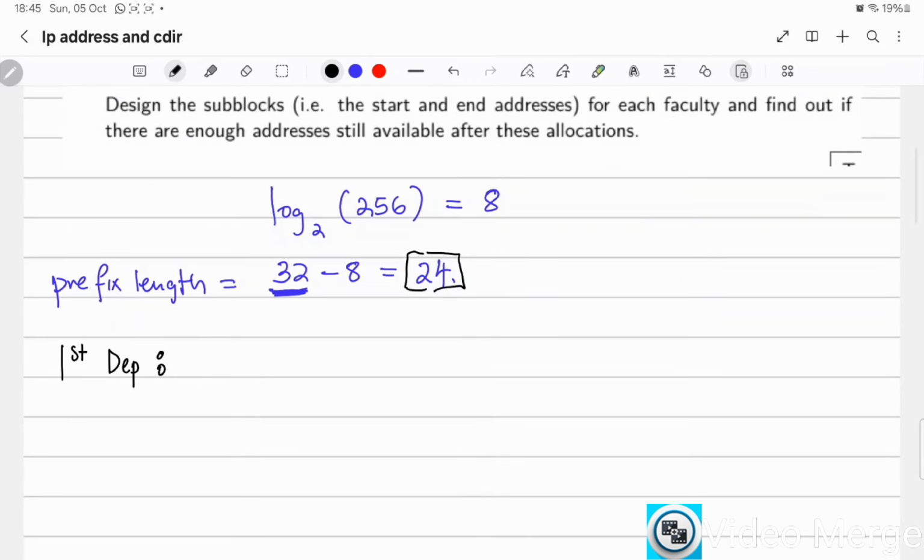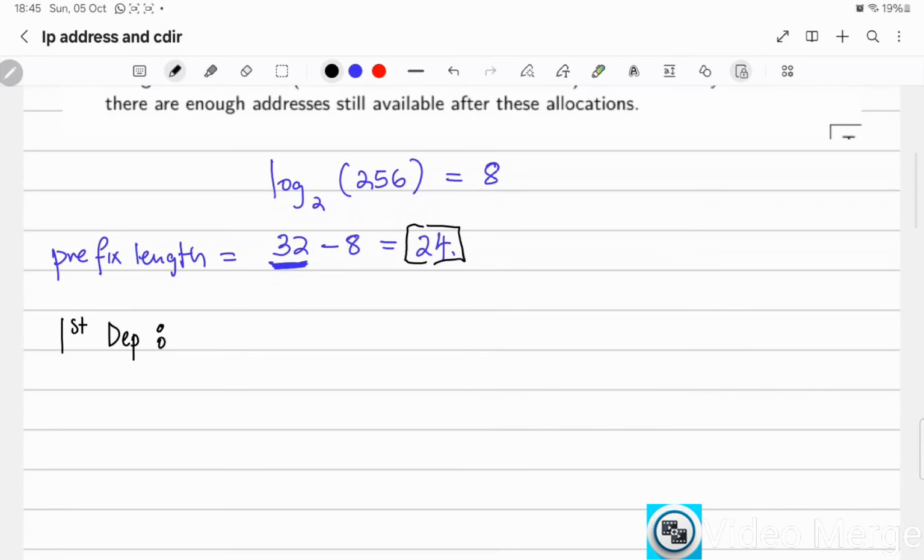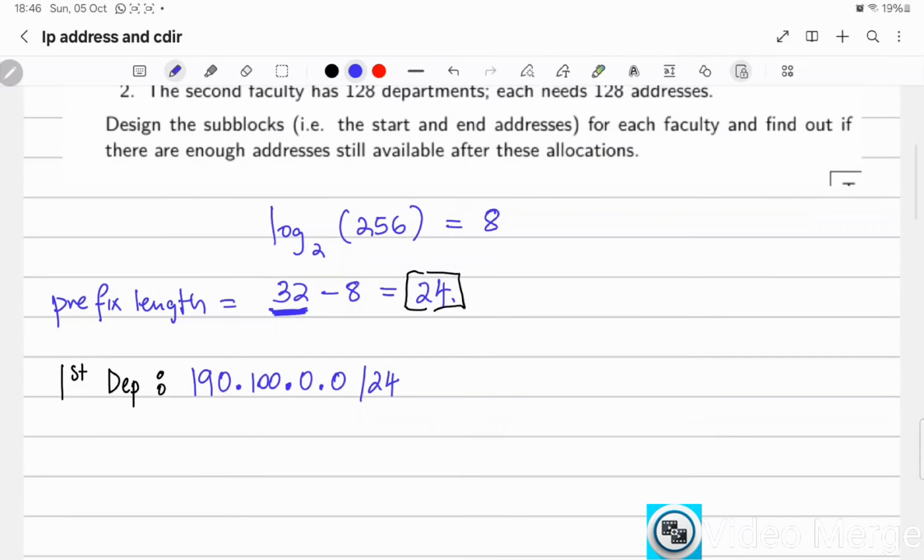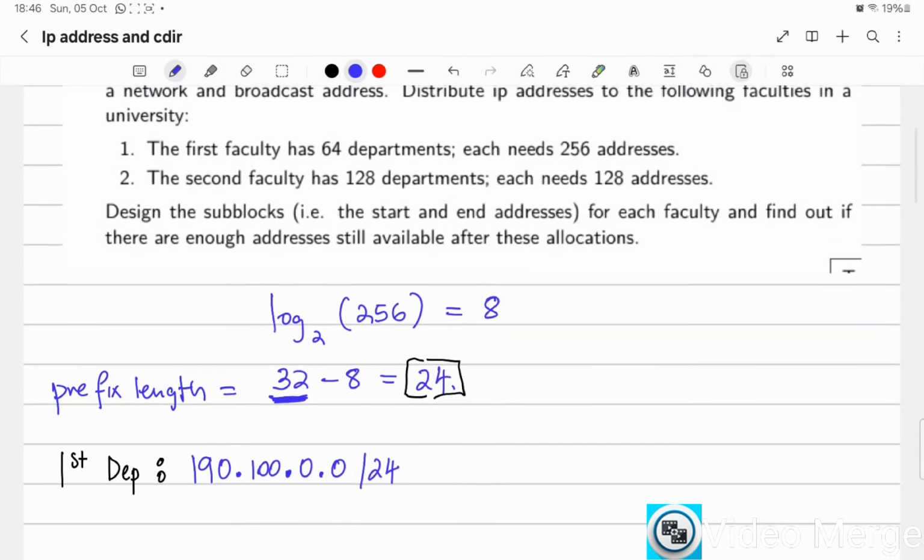For the first department, we are going to have 190.100.0.0/24. We use this value that we got from our calculation, 24.